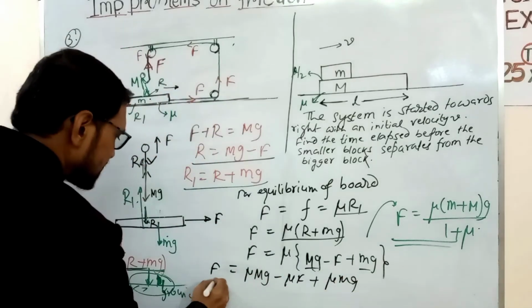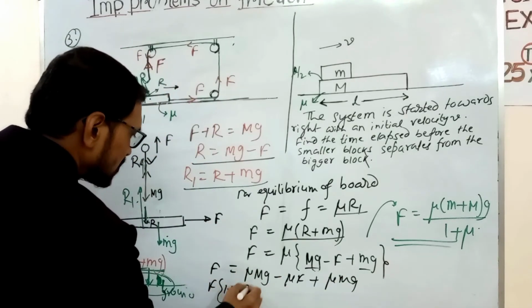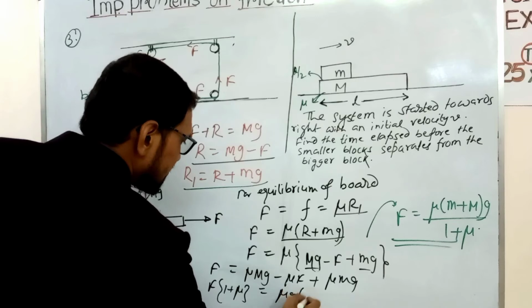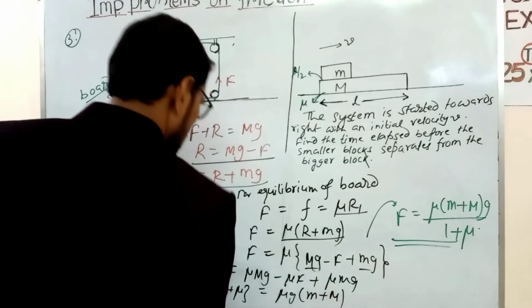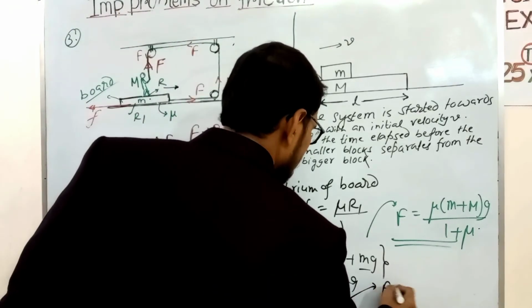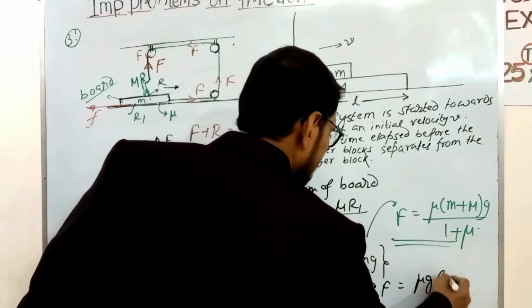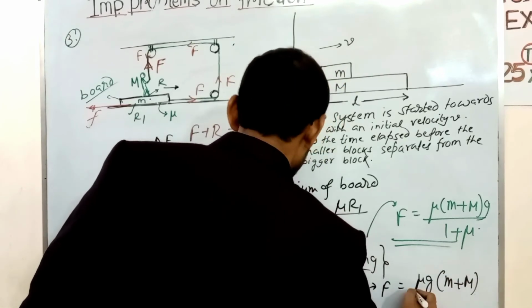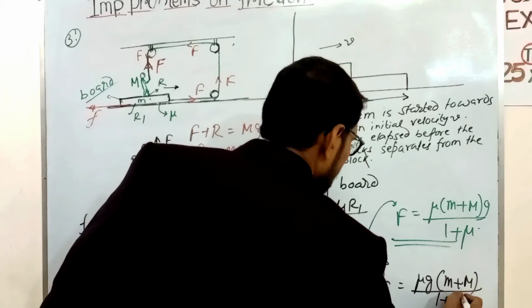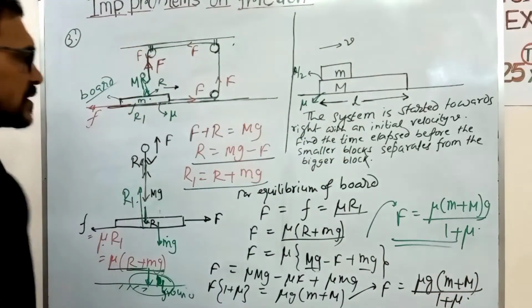Now mu F on this side, 1 plus mu, equal to mu g into (M plus m). So F equals mu g (M plus m) divided by 1 plus mu. So this is the value of F.